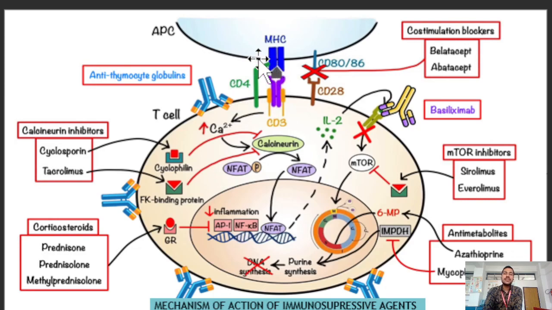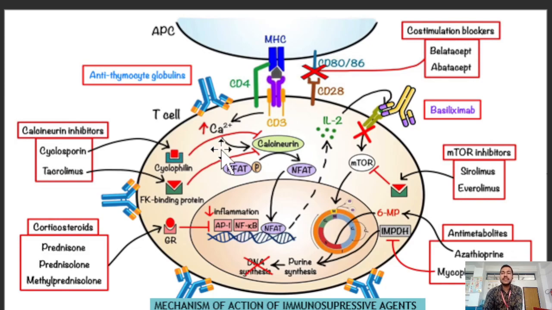When the signal transduction takes place, the first thing it does is increase the concentration of intracellular calcium ions inside the T cell.